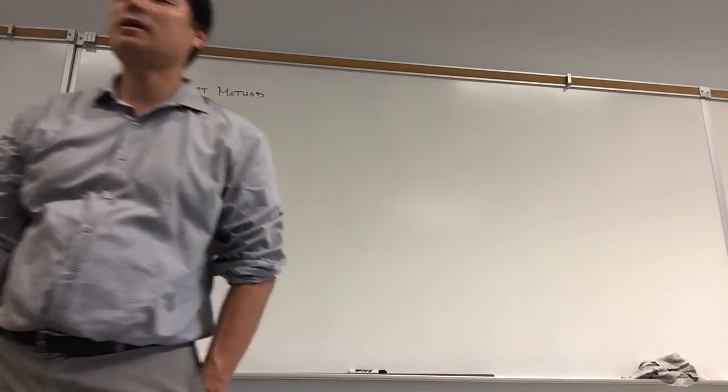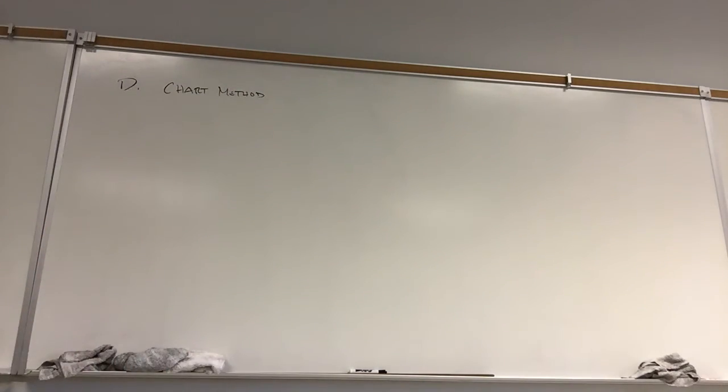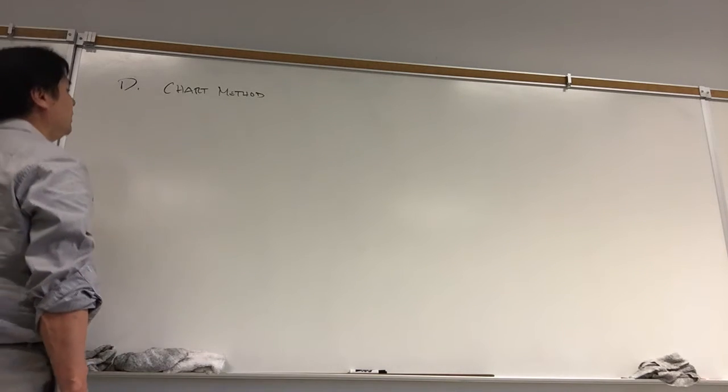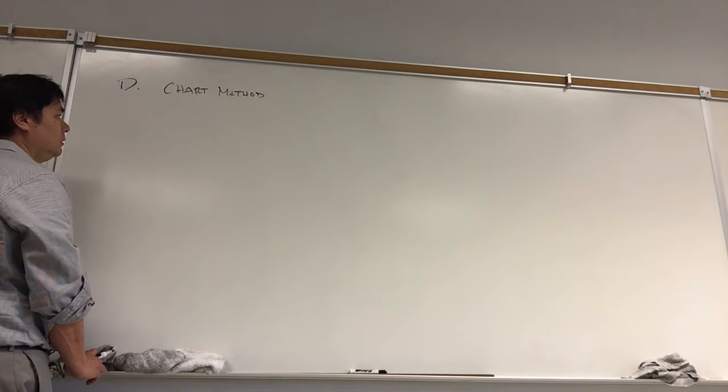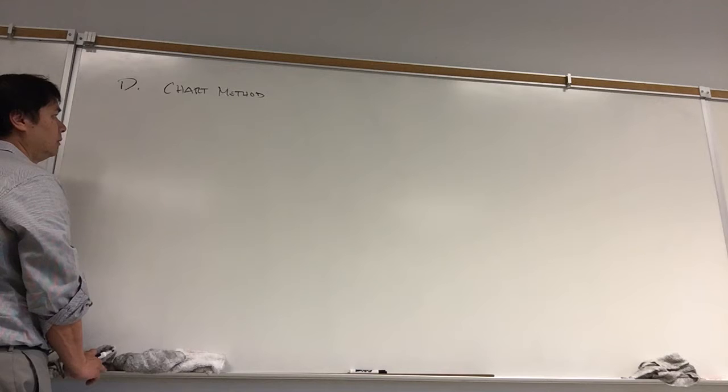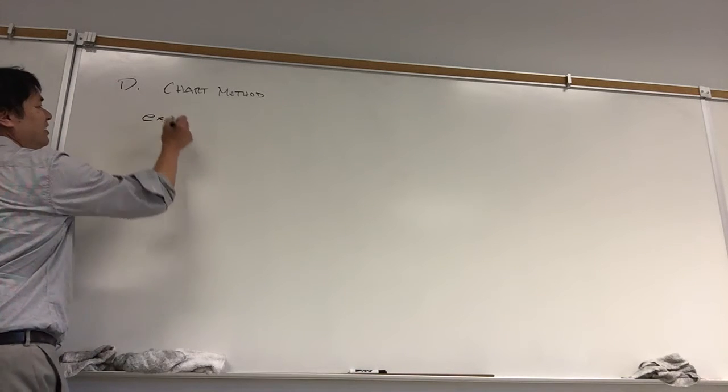The chart method does have drawbacks too. You know, sometimes things aren't on the chart. But this turns out to be a good method to do it. Let's just do an example here.